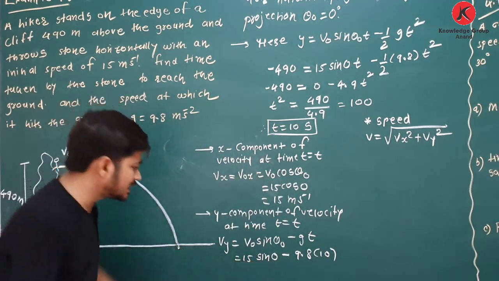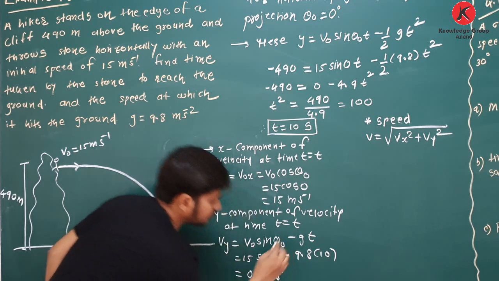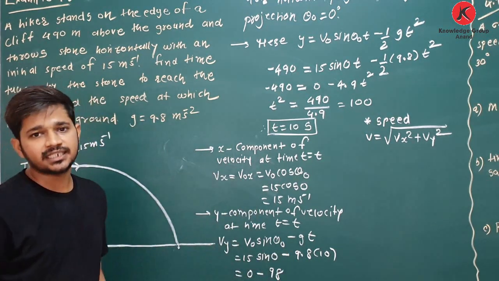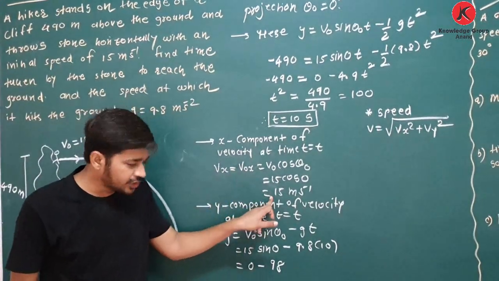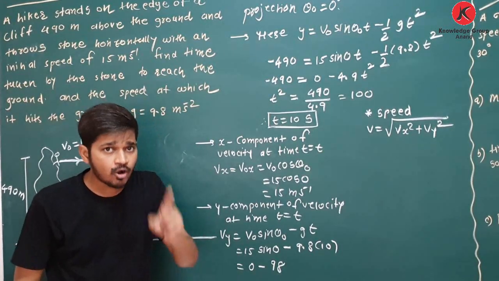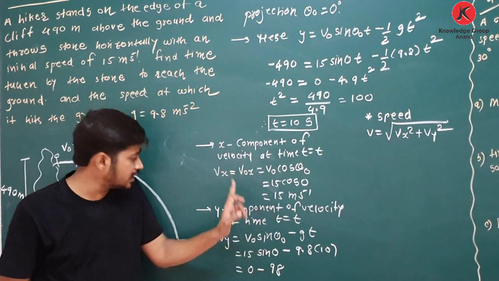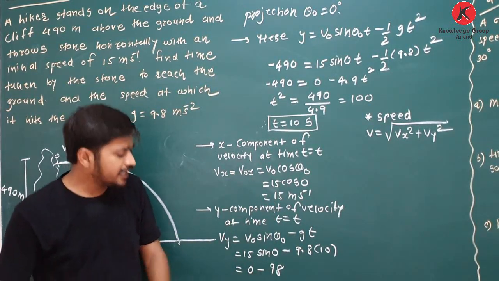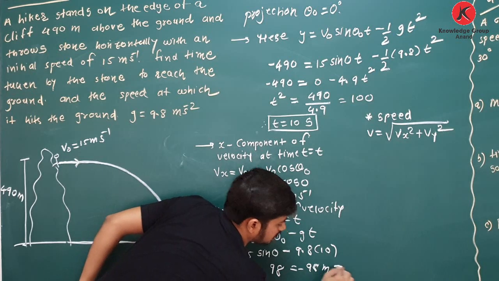Sine 0 is 0, then it is 0 minus 9.8 into 10, which is minus 98. Clear? So what is the value of Vx? 15. At any point, the horizontal component of velocity is 15 meter per second. The y component is minus 98 meter per second.